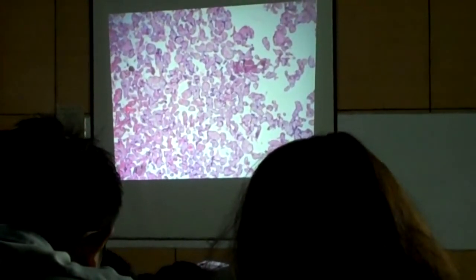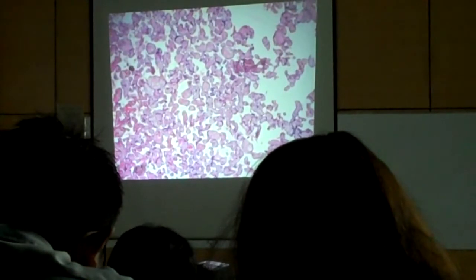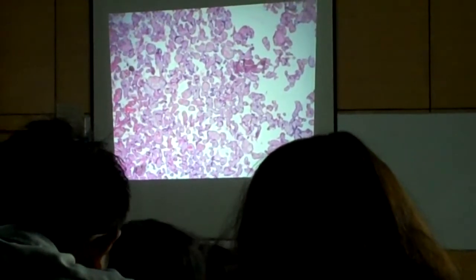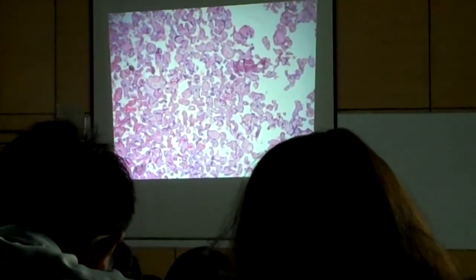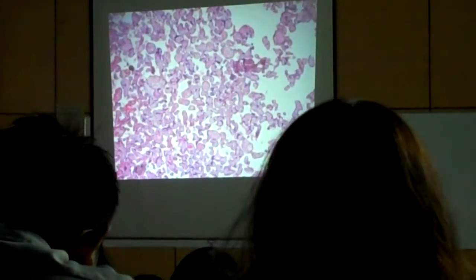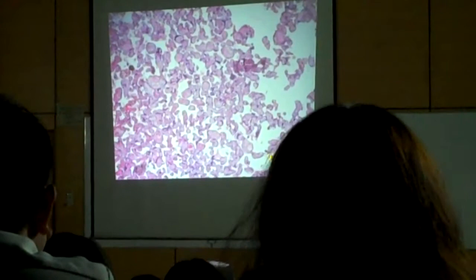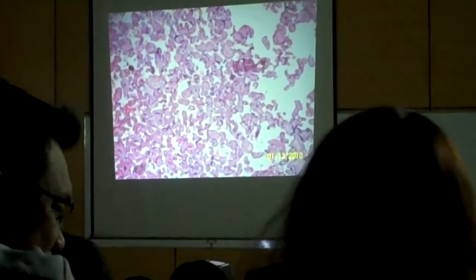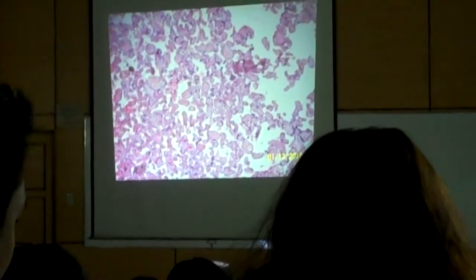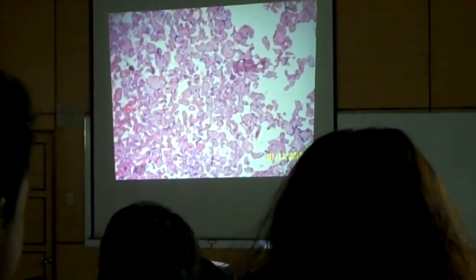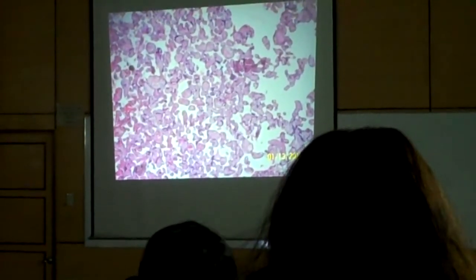It is not always present in the female, and definitely not present and not going to be present ever in the male. Placenta. Okay, this is the placenta microscopically on scanner.